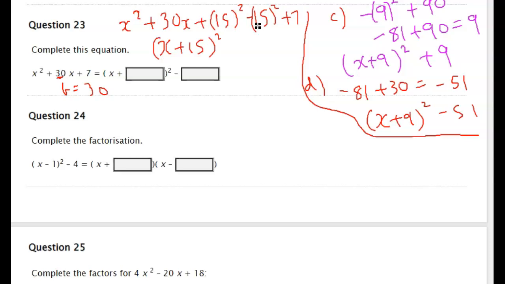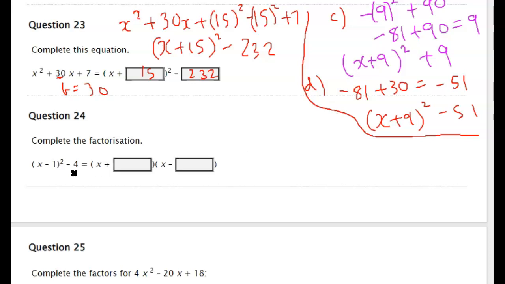And then I'm left with negative 15 squared plus 7. So 15 squared I think is 225. Let me just double check on my calculator. Yes, so we've got minus 225 plus 7. So we've got minus 232. So a bit of a tricky one, but here we've got x plus 15 all squared minus 232.